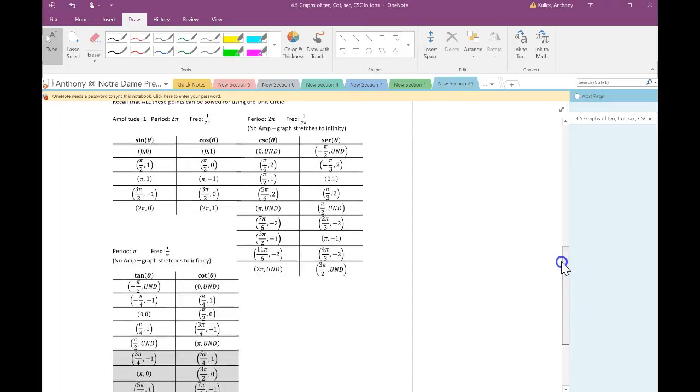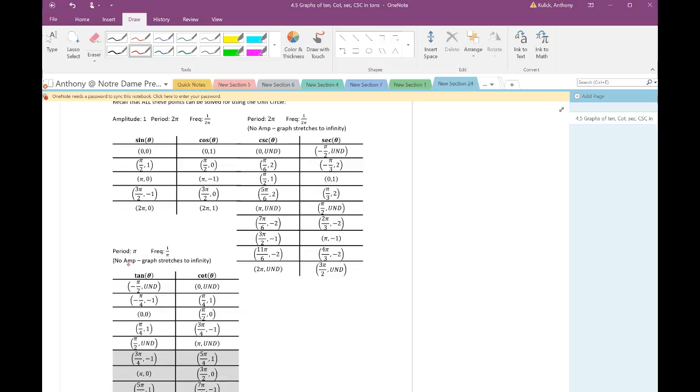So if you're looking at your key point sheet, you'll notice that we have key points for tangent, cotangent, cosecant, and secant, all in here already.